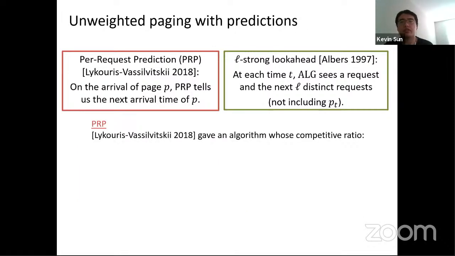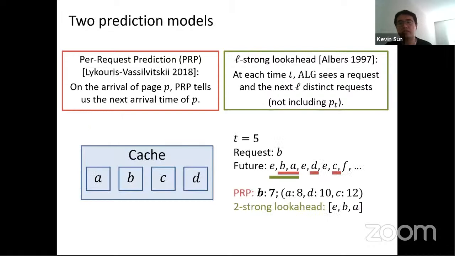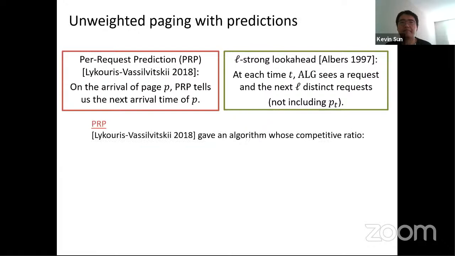So what are the known results for unweighted paging with these two prediction models? If we go back to PRP, where for each request you see the next predicted arrival time, Lykouris and Vassilvitskii gave an algorithm whose competitive ratio satisfies 3 desirable properties.